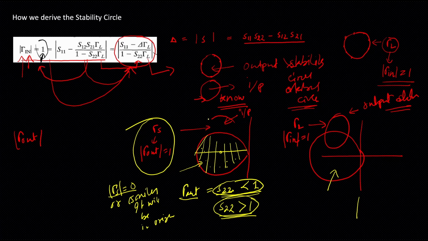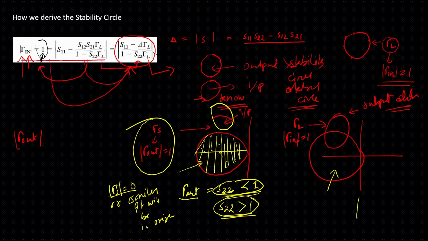But if anyhow I get a circle like this, or a circle outside my Smith chart, and the origin I already know is a stable point, that means my whole Smith chart will be the stable region only.